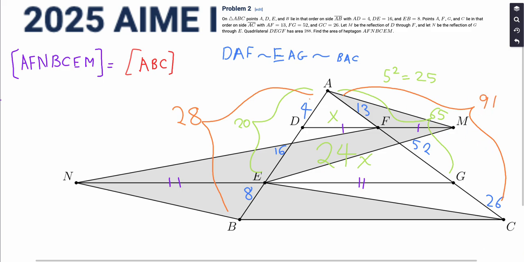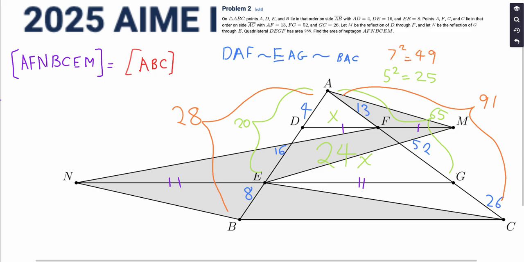And so this is the same thing. We're multiplying the smallest side length by 7. And so that means that the ratio of the area of triangle ABC to ADF is going to be 7 squared. And we know that 7 squared is equal to 49.